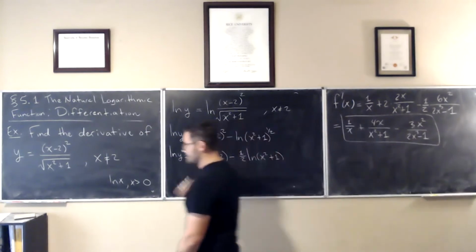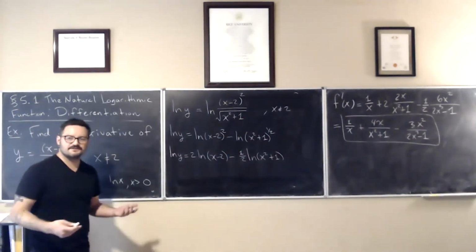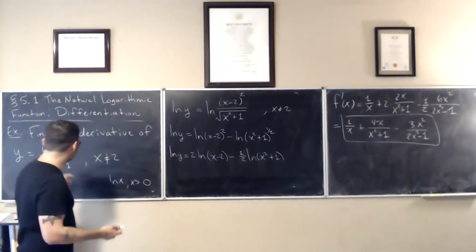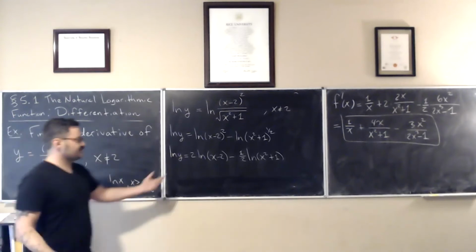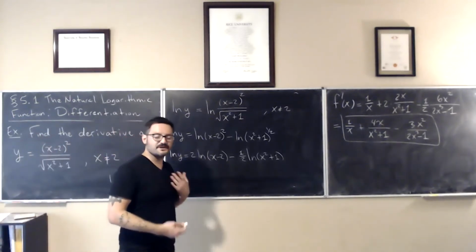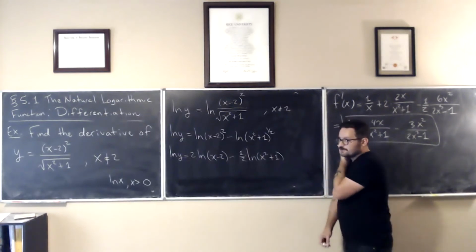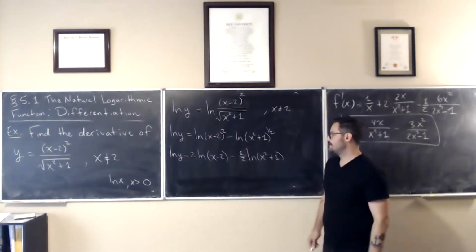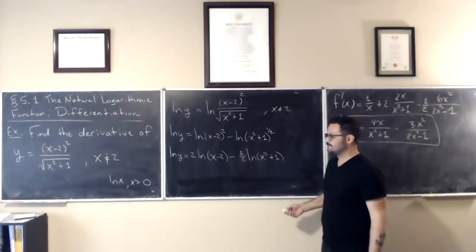I personally hate using, or not hate, I just forget the quotient rule all the time that you could use to find the derivative of that. This is easier for me, okay? So now, if we want to find the derivative of y, we can use implicit differentiation maybe.